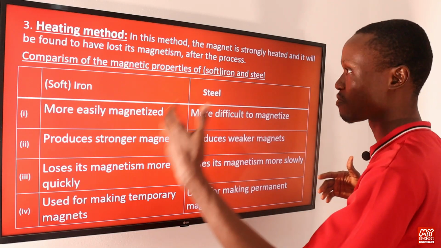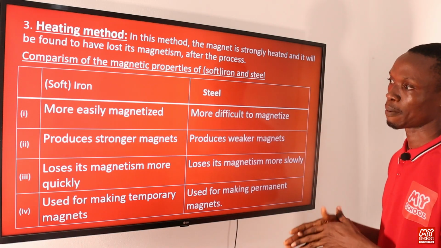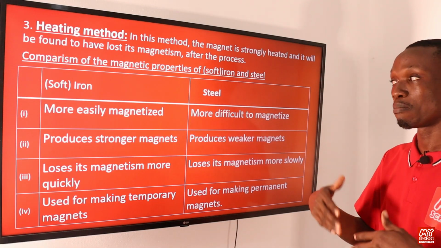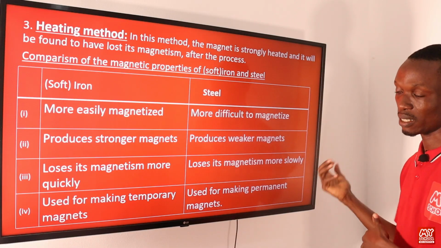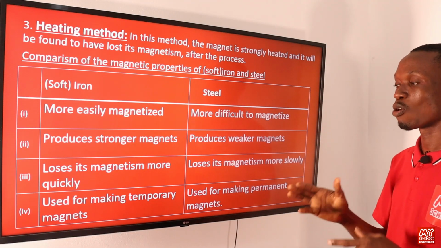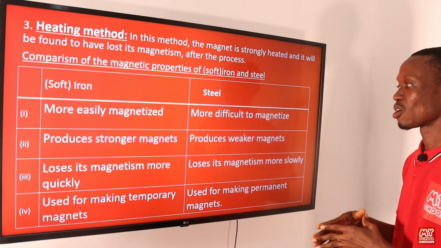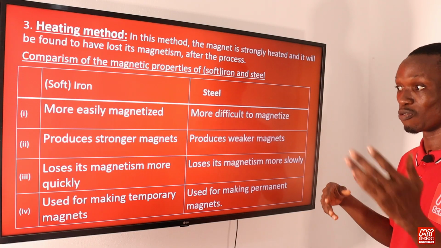Now let's compare the magnetic properties of soft iron and steel. On my left hand I have the iron and on my right hand I have the steel. One, the soft iron is more easily magnetized, while the steel is more difficult to magnetize. Two, the soft iron produces stronger magnets, while the steel produces weaker magnets. Of course, we've also touched on these in a previous slide.